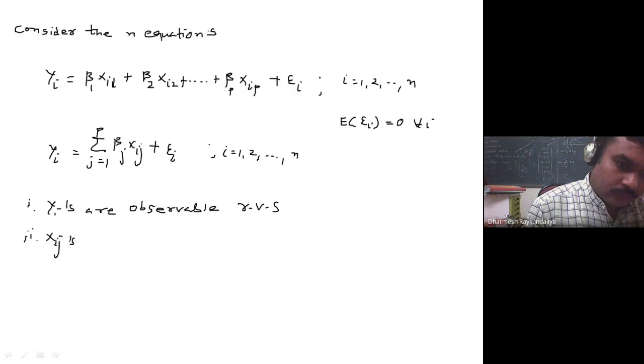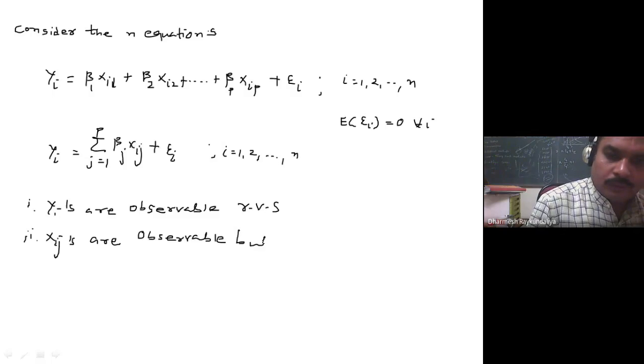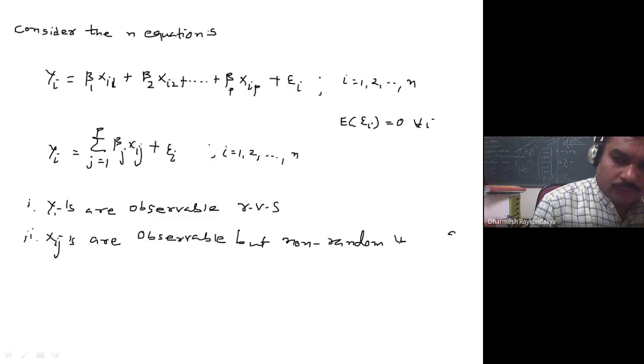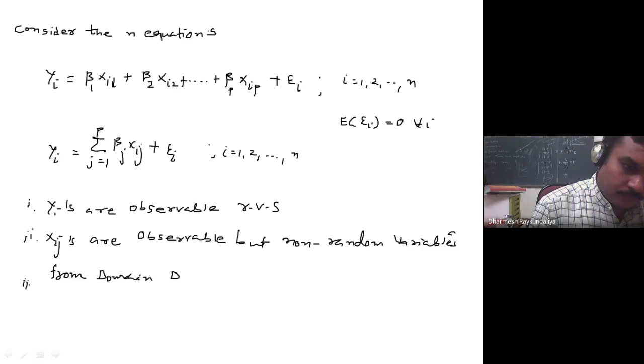The xij's are also observable, but non-random, or you can say fixed non-random variables from a specific domain, let us say D is a domain. The beta j's are unknown parameters.